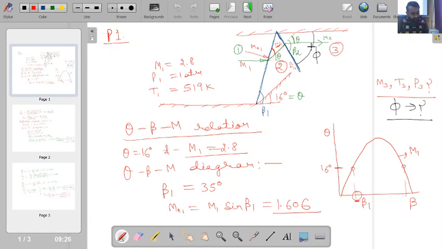phi. So if you see phi over here, see, this angle is beta, this angle is theta. So if you see this shock wave with horizontal, how much angle is it making? Beta 2 minus theta.